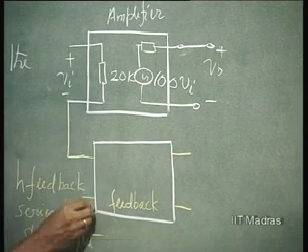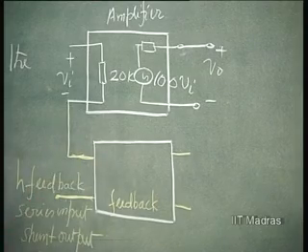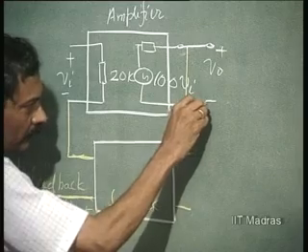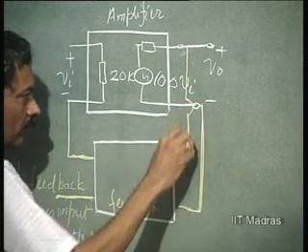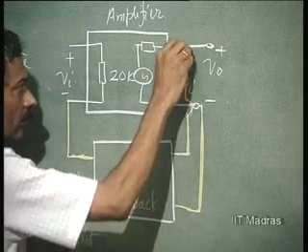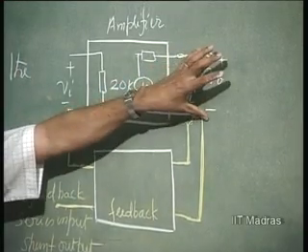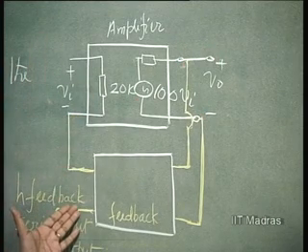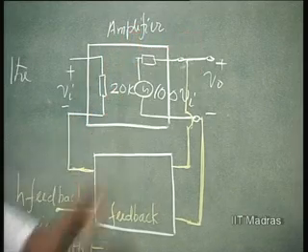So, I put it in series, and it should be in shunt at the output. That is, output voltage is common to both, input current is common to both. When it is in series, input current is common, okay. When it is in shunt, output voltage is common.